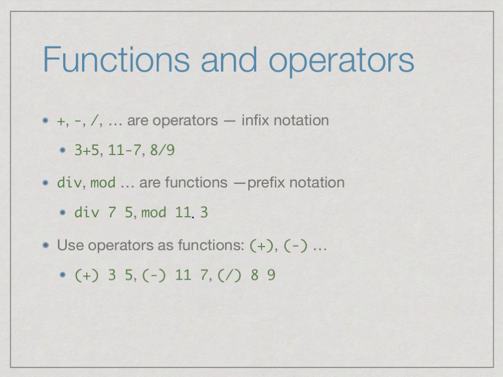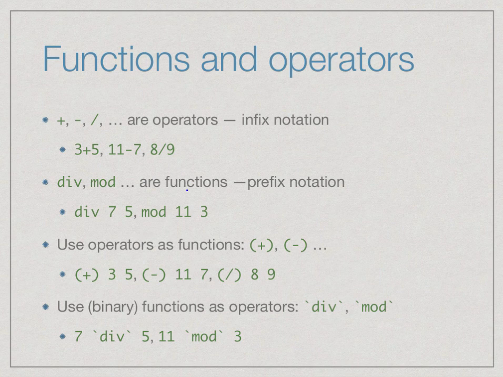In particular, we can take any binary operator which you have defined and make it into a function just by putting round brackets around it. So the operator plus can be written as a function by writing round bracket plus. So this expression (+) 3 5 is exactly the same as 3 + 5 and so on. In this way, we can use this notation to convert operators to functions.